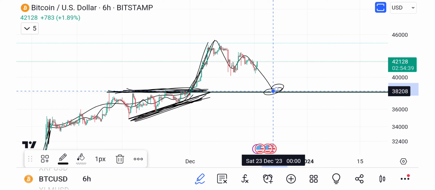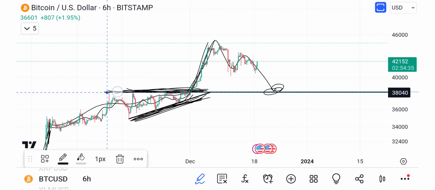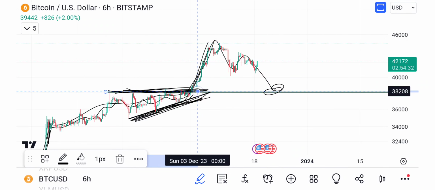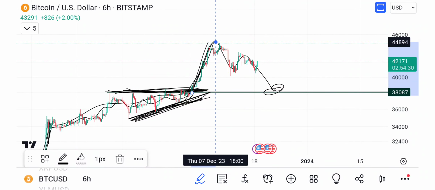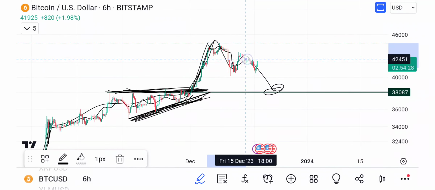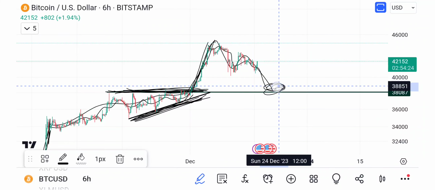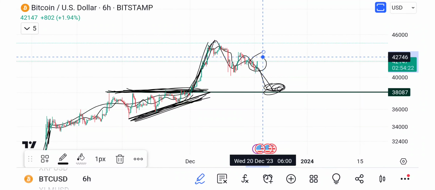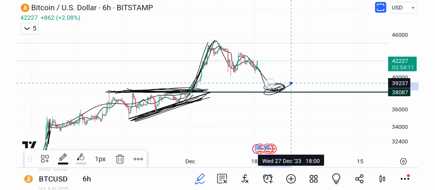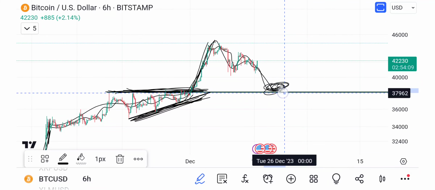But oftentimes, when you have a perfect resistance and you break it, and now you're correcting up in here, usually the price likes to come back somehow, some way, right? We're getting a nice pump today, so I'm pretty sure it's not going to be today. I can almost guarantee it's not going to be today. But maybe some point this week, we can come down and tag this 38, 37.